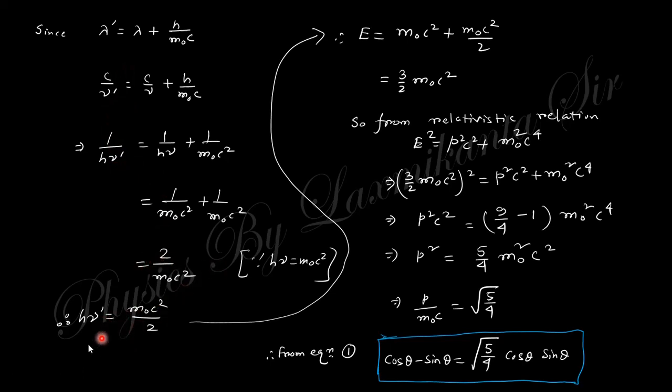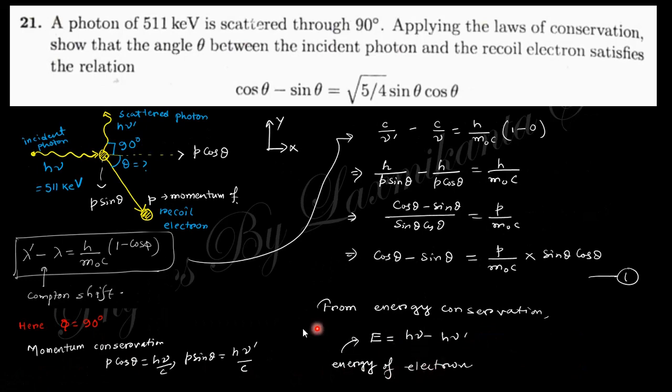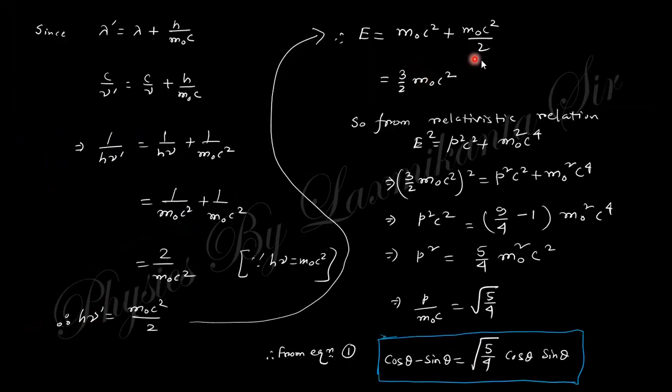You find h nu minus h nu prime, and you get this. From the relativistic equation you get the value, which is root under 5 by 4. So from the equation you get this one. Just verify this calculation.